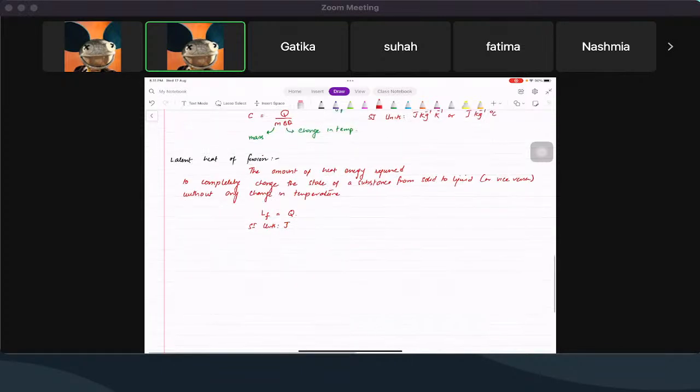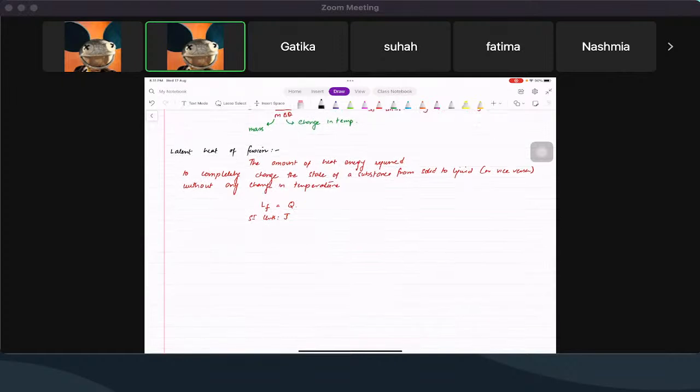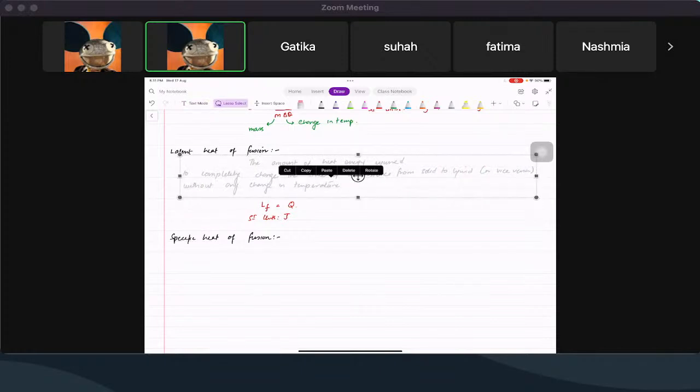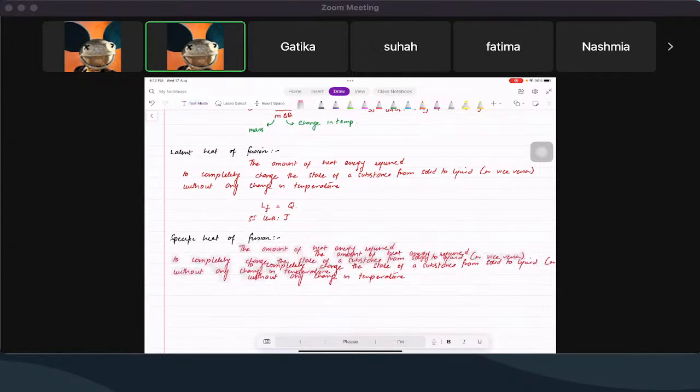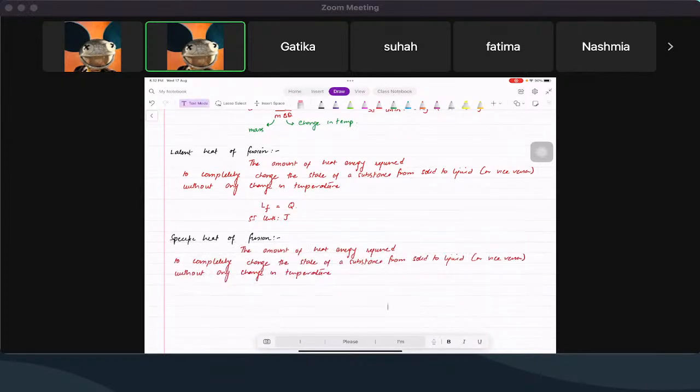Now, when we go into specific, of course, we need to then add mass into it. So now the definition will change like this. I'll be a clever person. I'll copy this and paste. Okay. So this would be the amount of energy required.